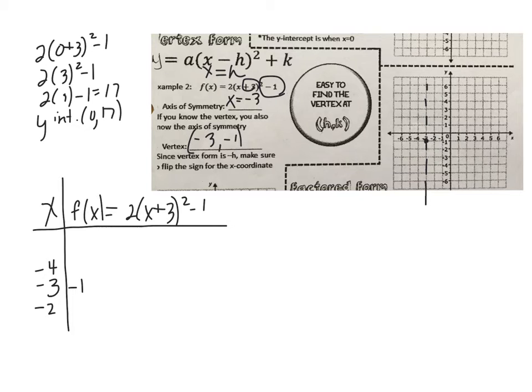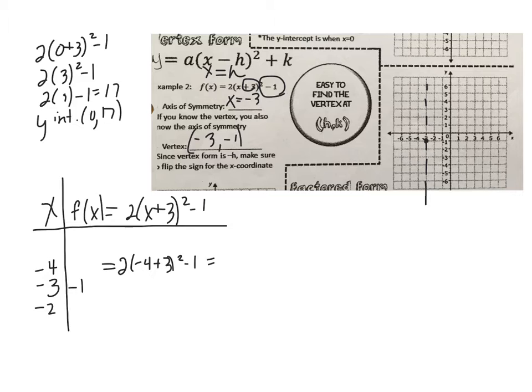Now when I plug those x values in, I should be up 1 unit times 2, so up 2 units. I should be out 1, up 2 units away from the vertex. So I'm going to plug in and see if that happens. 2 times -4 plus 3 squared minus 1.